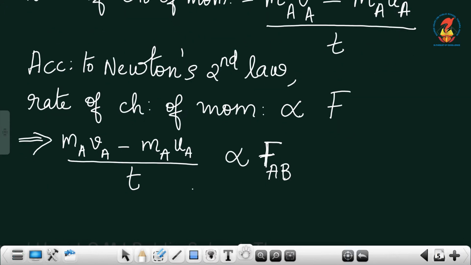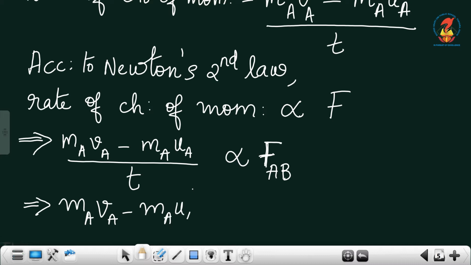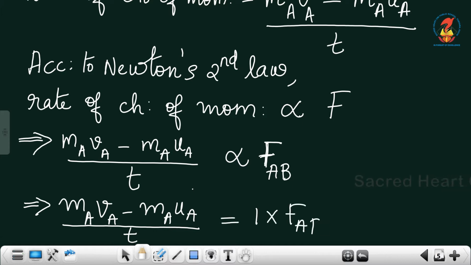Now, to change the proportionality sign to equality, we multiply with a constant, and let that constant be 1, into FAB.